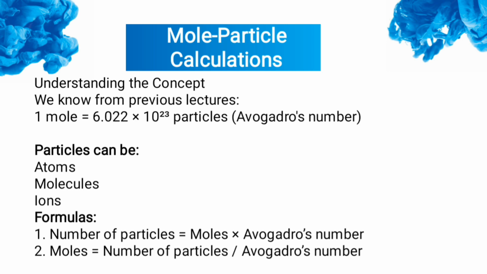But dear student, particles can be atoms, molecules, ions. Formula number 1: number of particles is equal to moles multiplied by Avogadro's number. Second, moles is equal to number of particles divided by Avogadro's number.